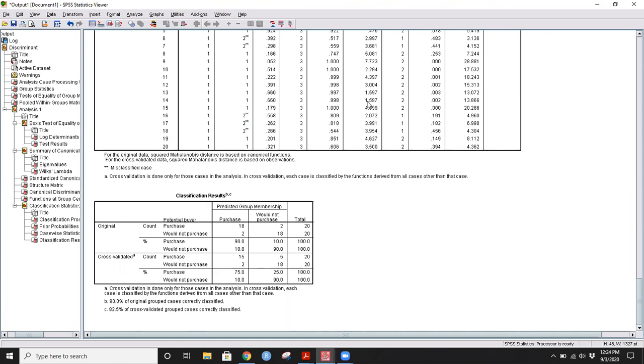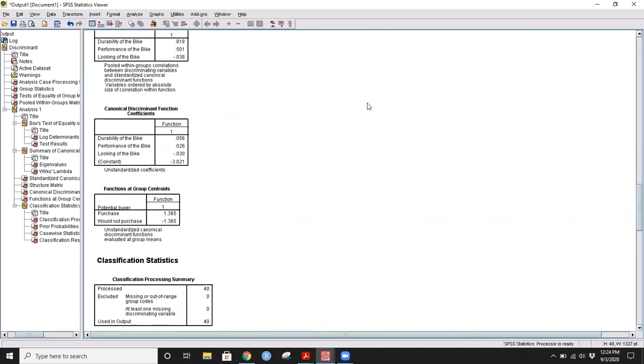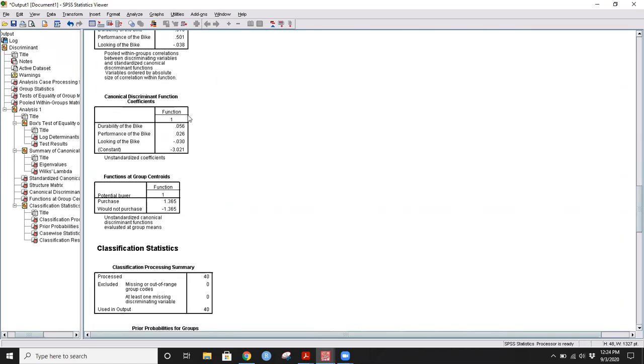In a nutshell, if I were to summarize what discriminant analysis does, it would go like this. In discriminant analysis, the hypothesis you're testing is that there is a linear combination of variables. So that linear combination comes from here. So this gives you that linear combination.